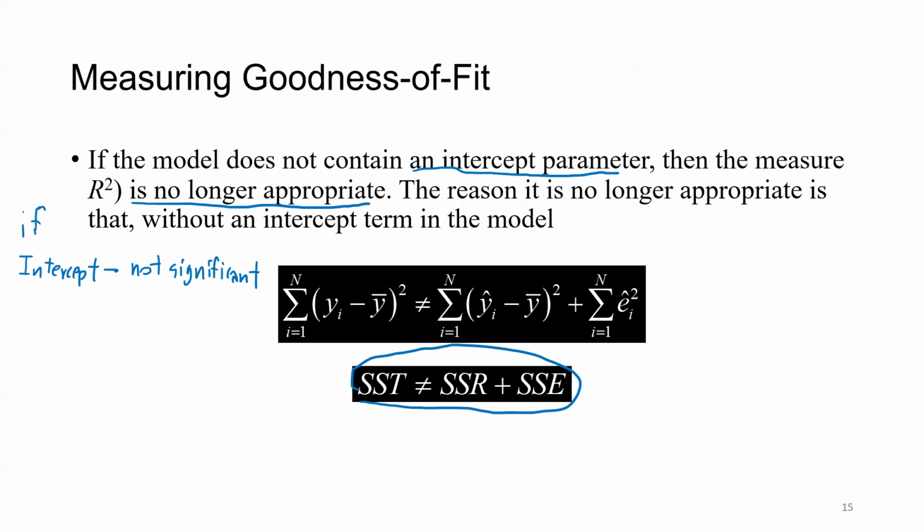Can we throw it out? If we throw it out, R square will be invalid, we cannot use that R square. So typically, if the intercept is not significant, we still keep it.